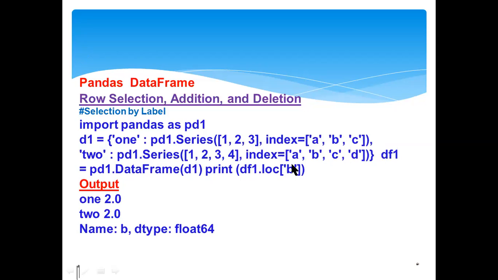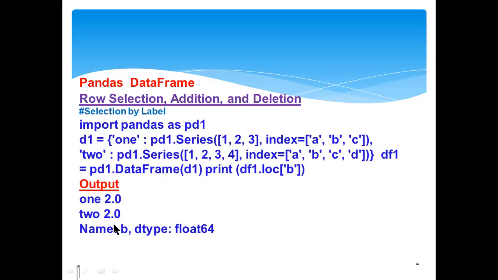From this loc, you have to retrieve the value of B. What is B here? In this line it is 1, and you have to retrieve only the B value from there. So instead of 1, it is showing 2.